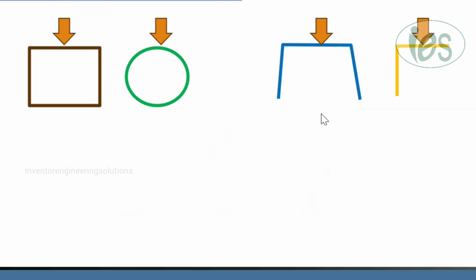We can make only open-ended structures through stamped parts. Closed structures can be achieved through the extrusion process only; through stamping we can't achieve a closed structure.